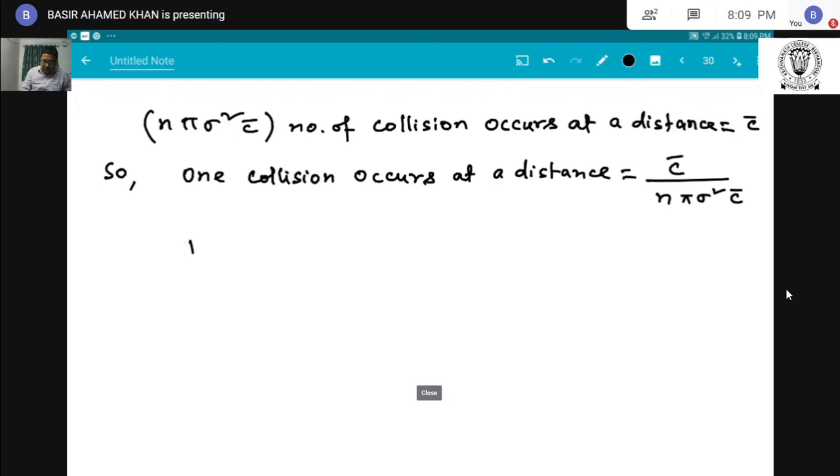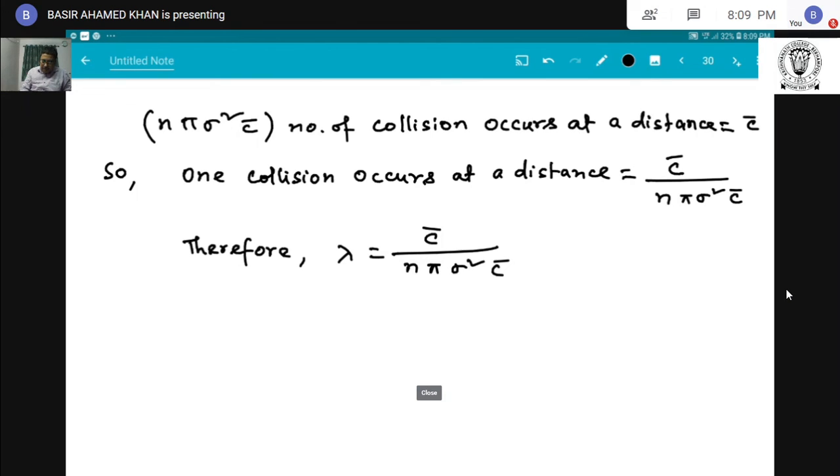Therefore the mean free path lambda equals c bar divided by n pi sigma square c bar, that is, lambda equals 1 by pi n sigma square.